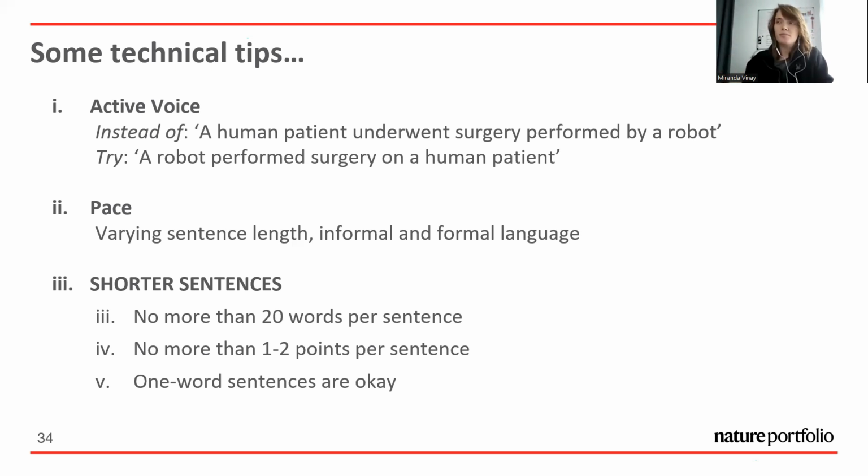And the opening line of that Nature news article was a 1-word sentence. And that sentence was "Bollocks!" So I do encourage people to take a little bit of freedom and have a little bit of creativity in how they set these things up.